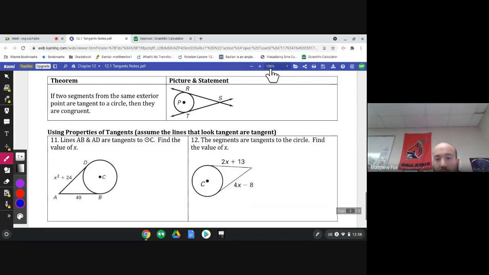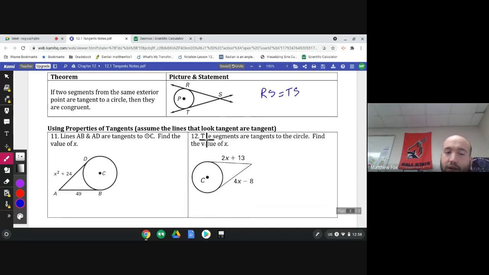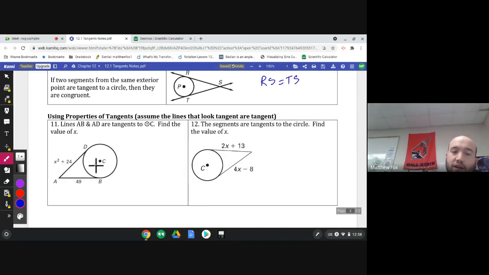If there's no mark above it, that means the distance from R to S is the same as T to S. So in example 11 here, AB and AD, we'd set those equal. X squared plus 24 is going to equal 49. Subtract the 24. We'll get x squared equals 25. Square root of both sides. X will equal 5.